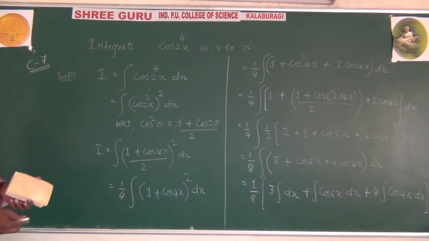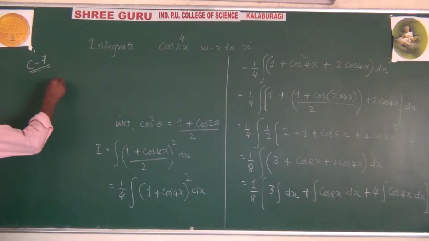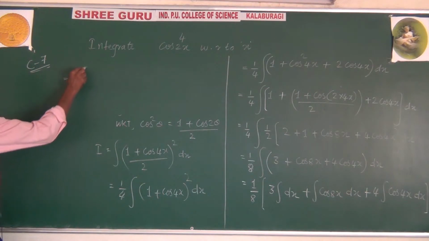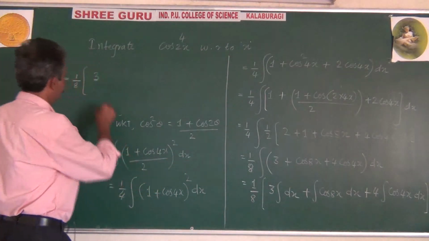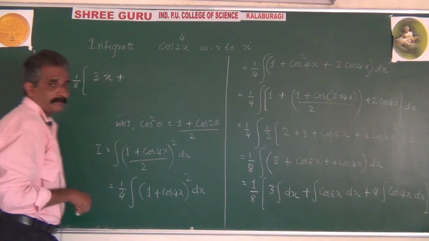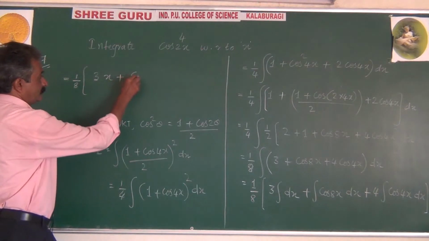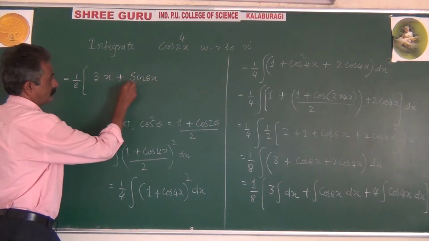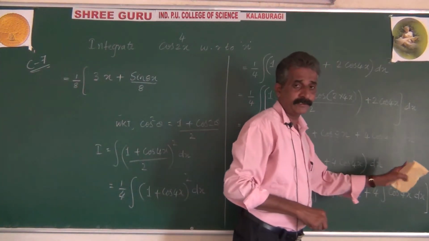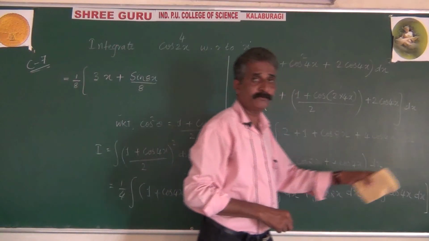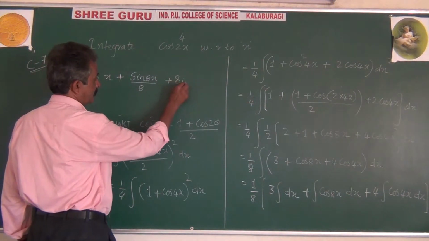Now lastly, we apply the relevant formula of integration. So finally, 1 by 8 into bracket 3 into integration of 1 dx is x, plus integration of cos 8x is sin 8x divided by 8, whereas integration of cos 4x is sin 4x divided by 4 and then it is already multiplied by 4. The 4 will cancel out, so it is only sin 4x, plus constant.